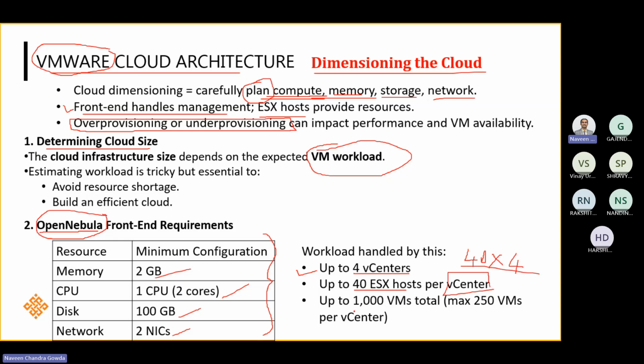Then up to 250 VMs per vCenter, so 250 times 4 is 1000. Likewise, a maximum of 4 vCenters, almost 160 ESX hosts, and almost 1000 VMs. That is the minimal requirement for the front end OpenNebula, and this is the minimal load it can handle.